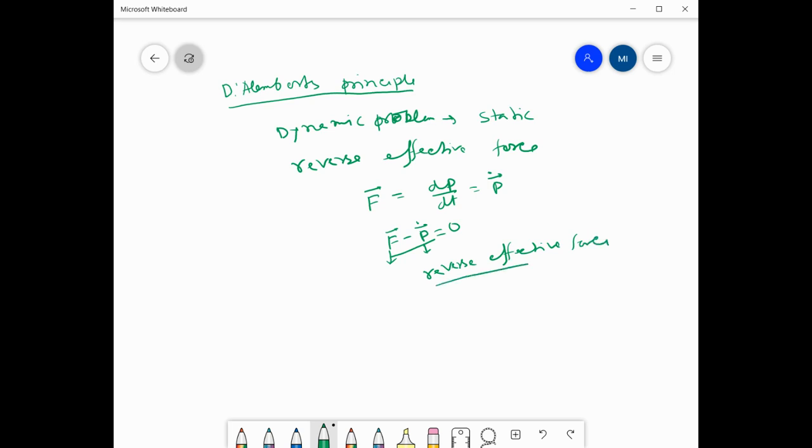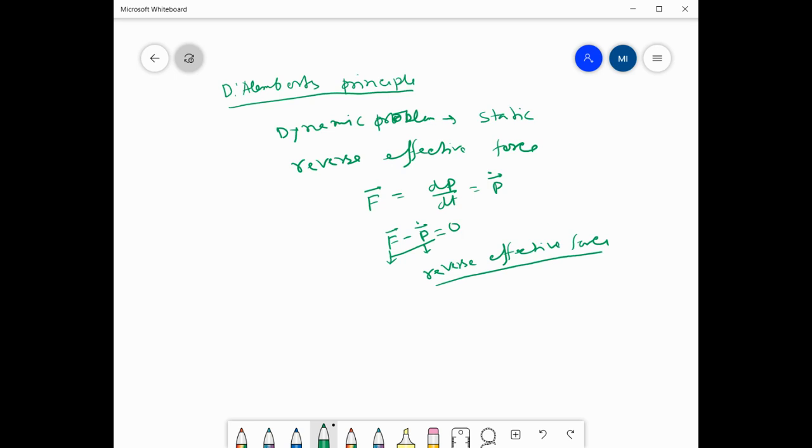Let me illustrate. Suppose you are applying a force to a ball. The ball will accelerate, right? Now, in order to apply the force continuously to the ball, you have to move with the ball. Is it clear? Otherwise, you cannot apply the force. Say you are applying the force with your hand. The contact between your hand and the ball is maintained, right?